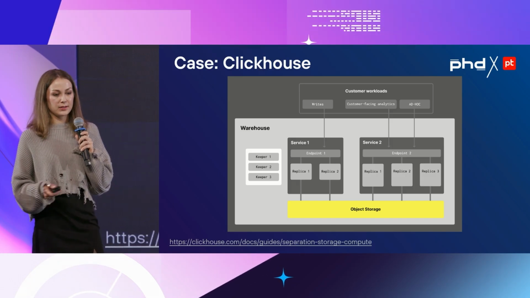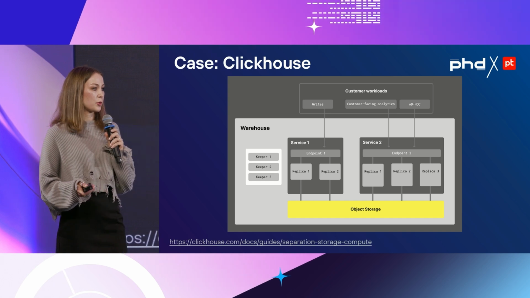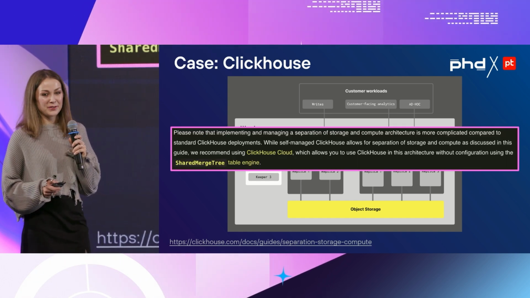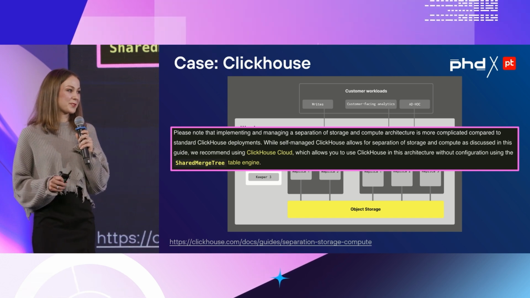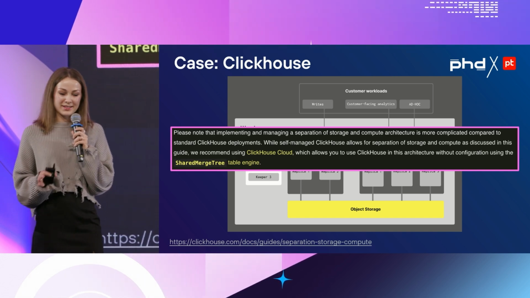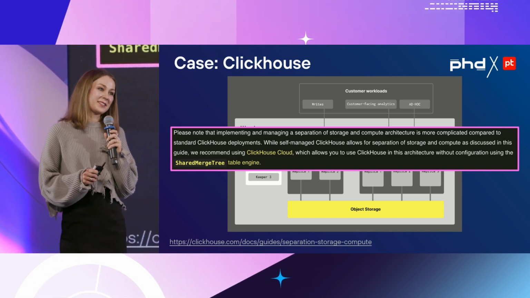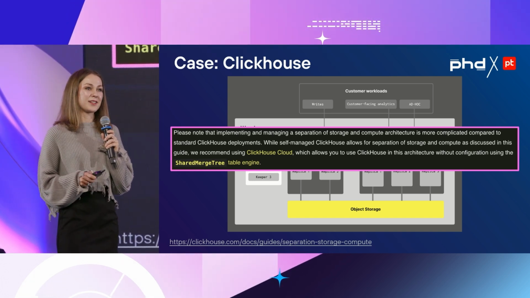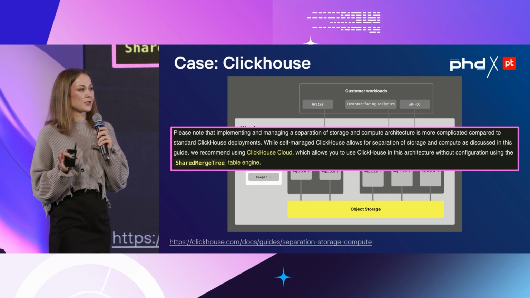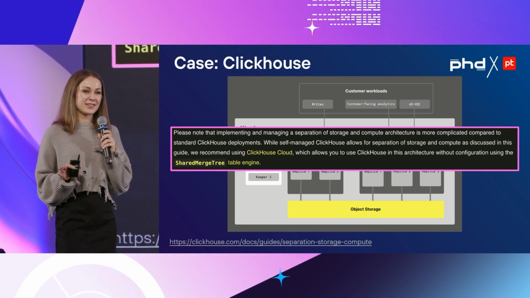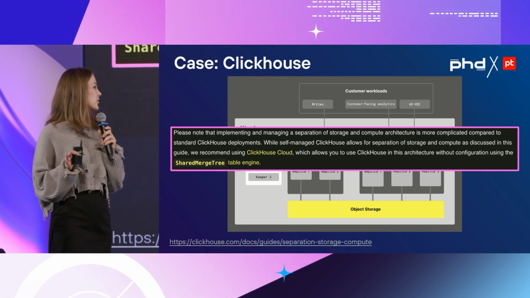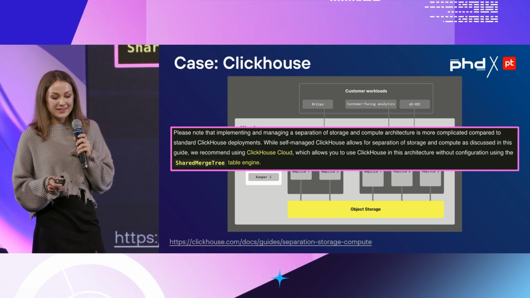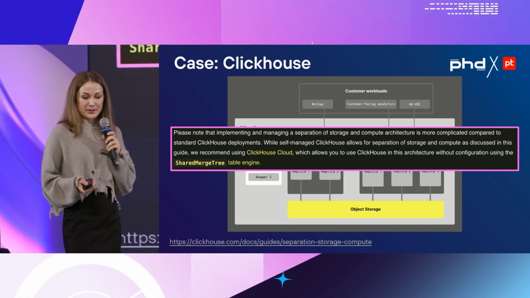Right now, you could try to deploy this architecture where the disk is some object storage, but you should think twice before doing this, and they suggest using ClickHouse Cloud because there is an additional engine there, called SharedMergeTree, which is available only there.